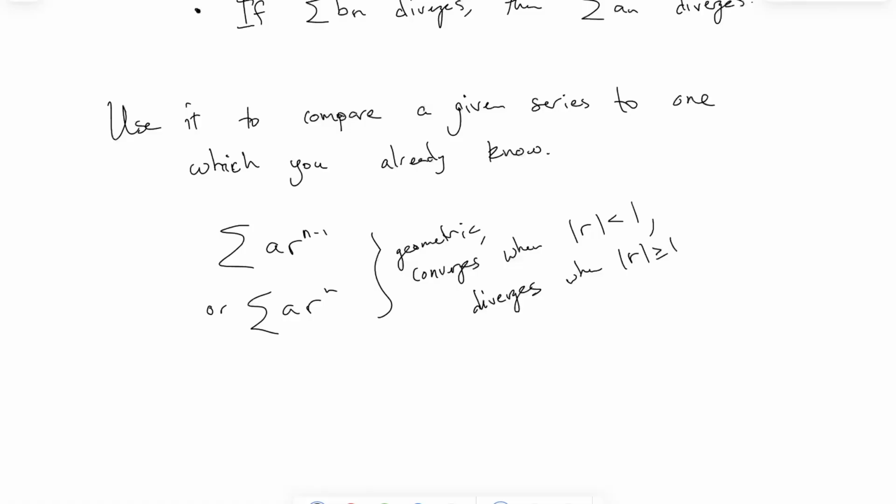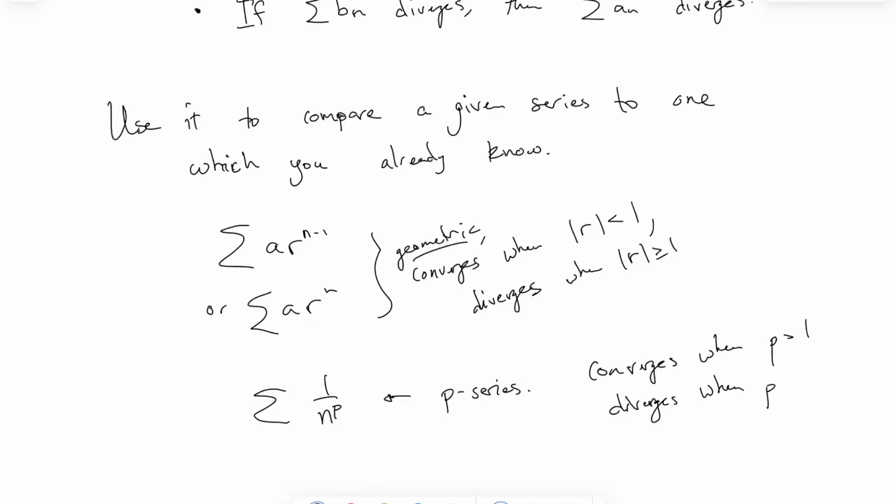And there's also the p series, which we just talked about last time. This is the p series. And this one converges when p greater than 1, and it diverges when p less than or equal to 1.